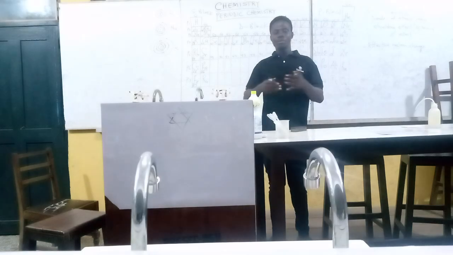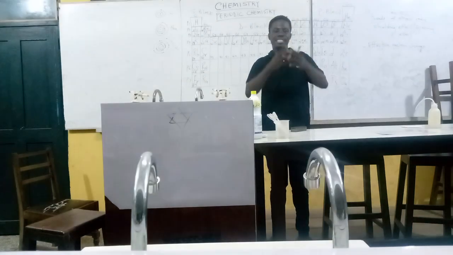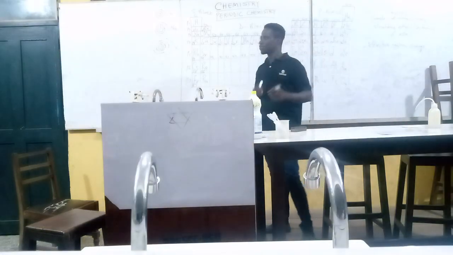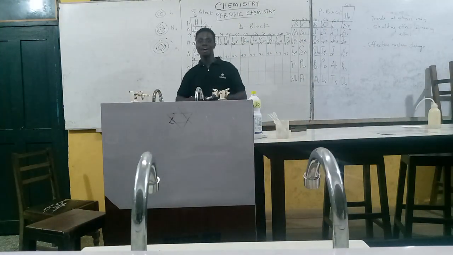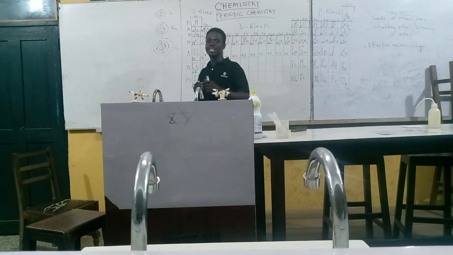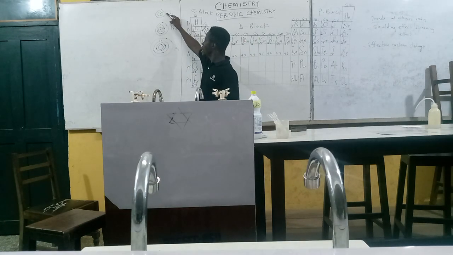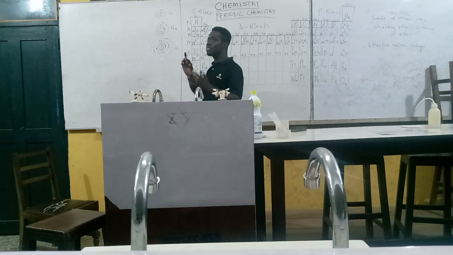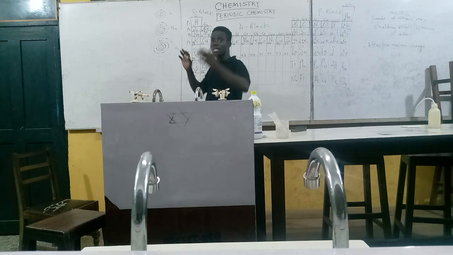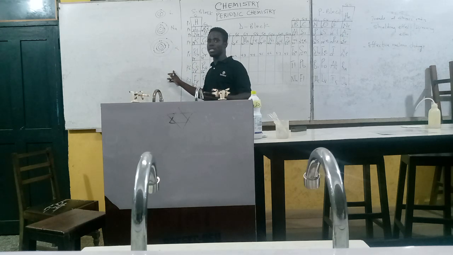And anytime the number of shells increases, we call that the shielding effect. If you look at it in terms of a TV screen that we are buying, you can see the screen is becoming bigger as we move down. When we move down to rubidium, the screen will become bigger than that of potassium.